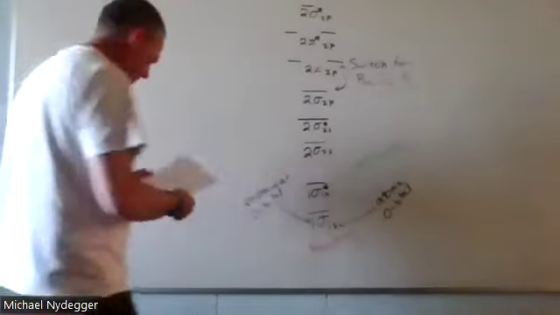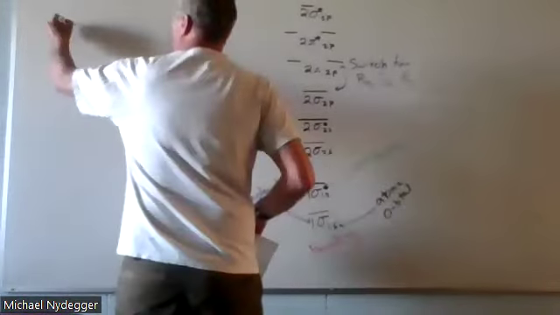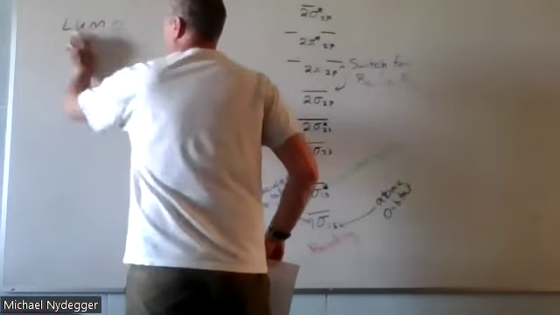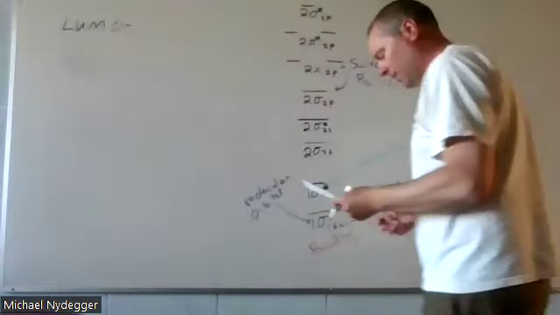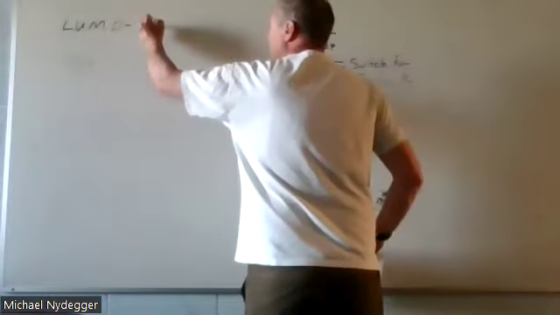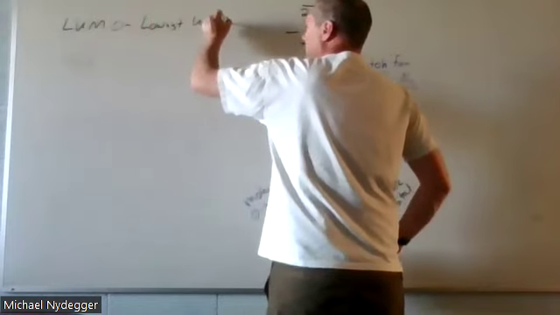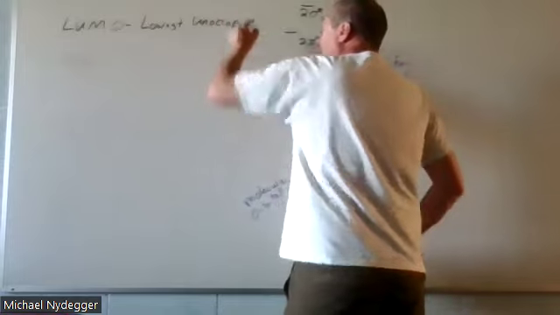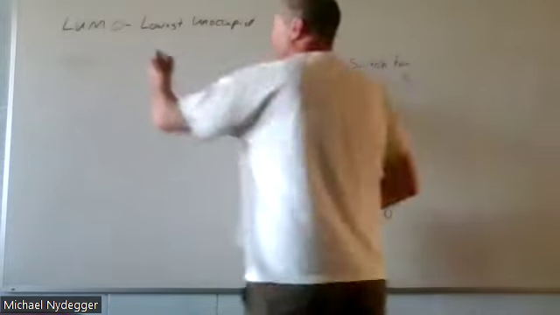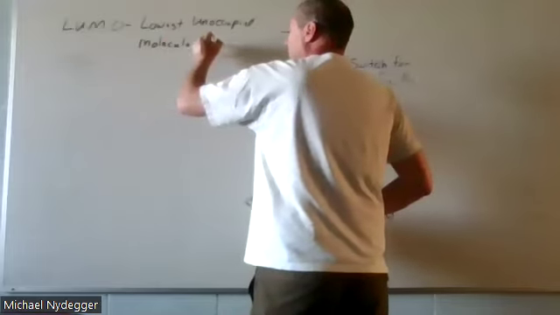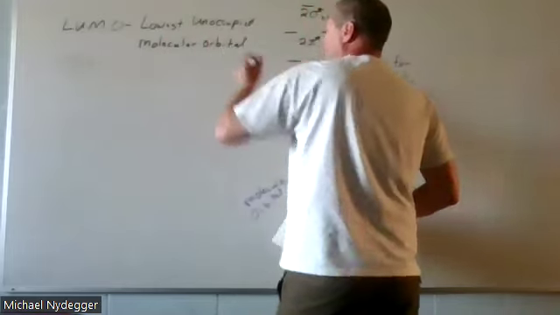molecular orbitals. We can have what are called LUMOs. We'll start with the LUMO. All right, so LUMO is just simply an acronym. This is the lowest unoccupied molecular orbital.